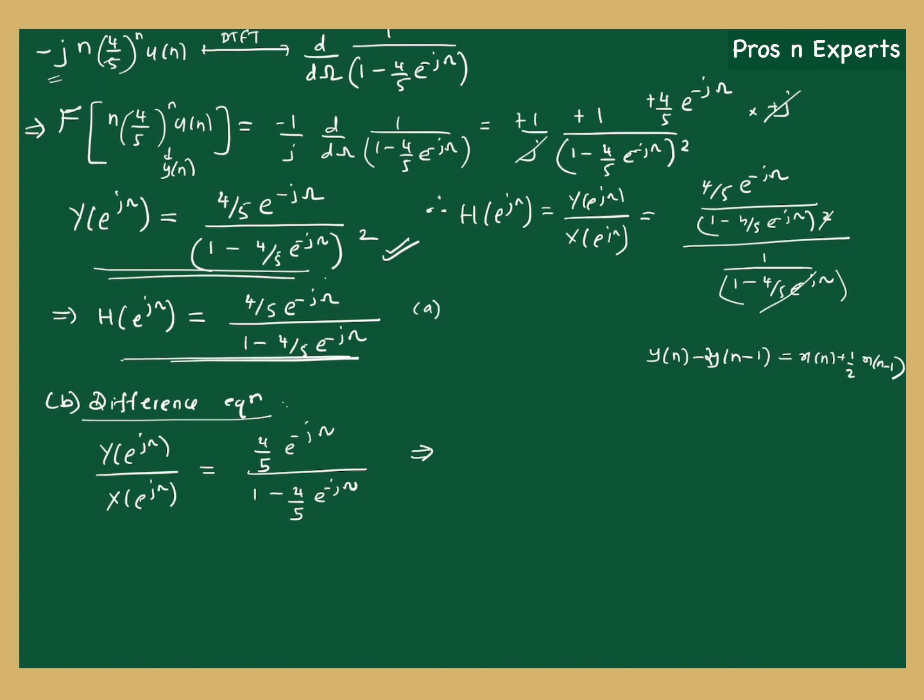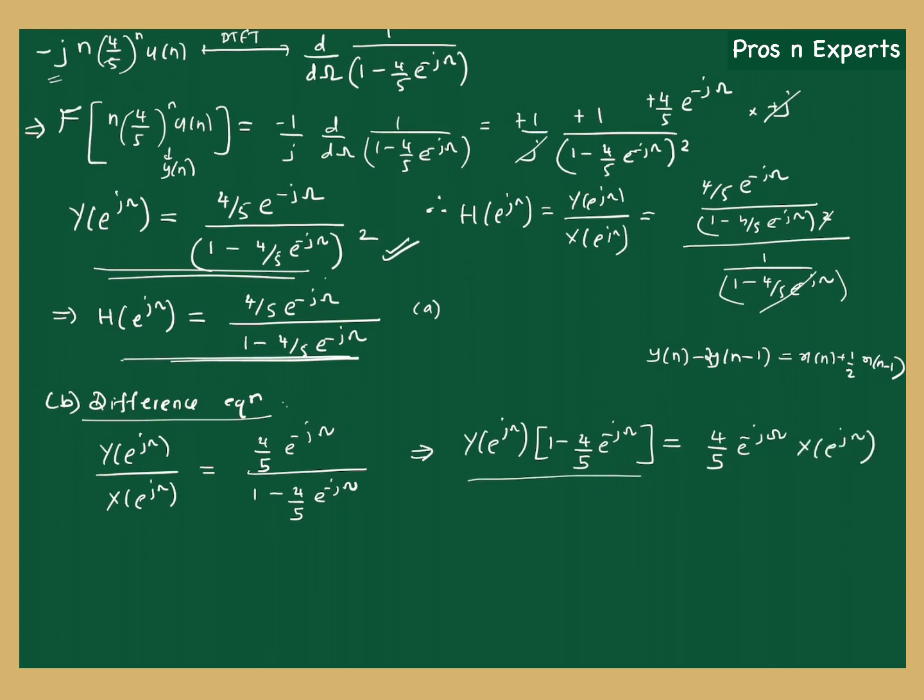I can write it, cross multiplying, as Y of e raised to j omega into 1 minus 4 by 5 e raised to minus j omega is equal to 4 by 5 into e raised to minus j omega into X of e raised to j omega.